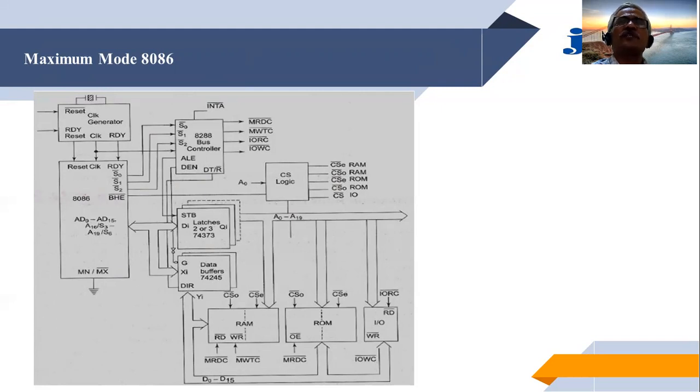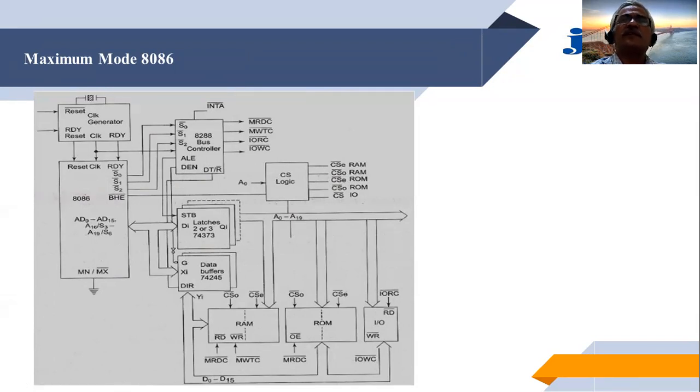Or you can go with 2 of them, so that you need to demultiplex only the AD lines, that is AD0 to AD15. Then you require the data buffers, and this is a chip like 74245.